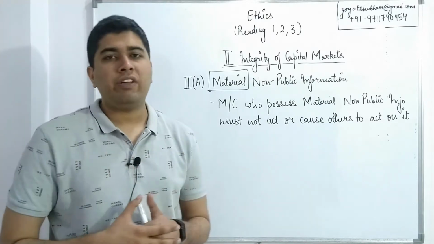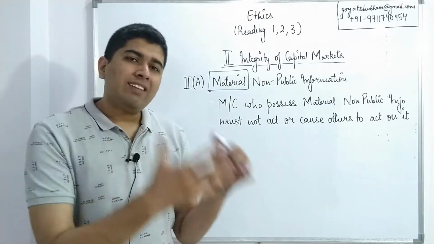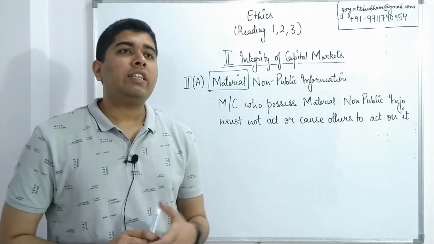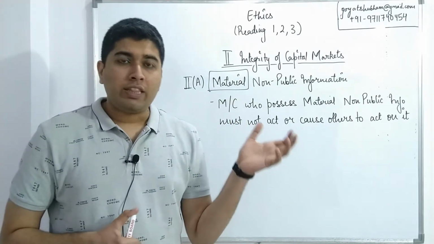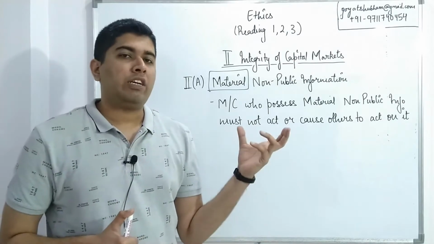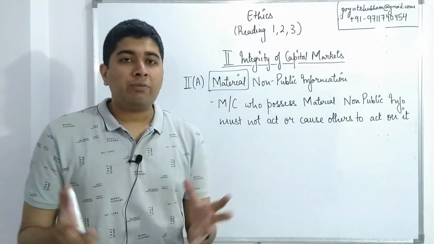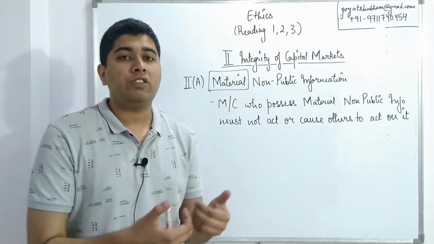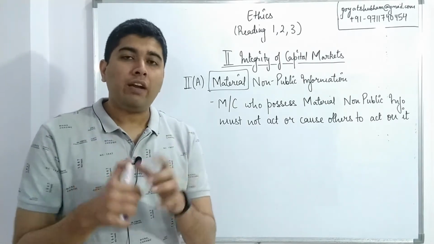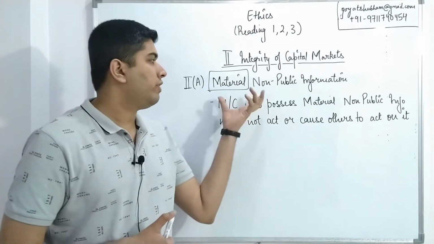So that type of investor, before he makes an investment decision, if he thinks he should have a particular piece of information, then that piece of information would be classified as material. So any information that a rational investor believes he should have before he decides whether to invest or not can also be thought of as material.